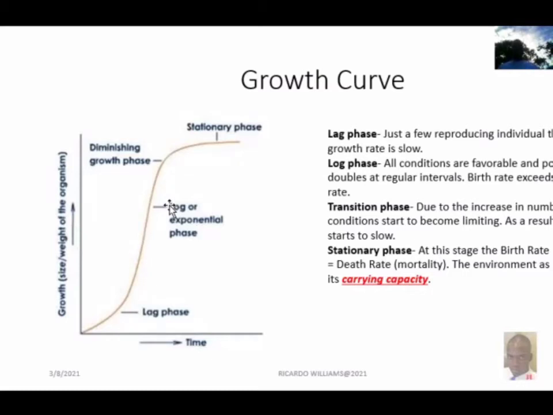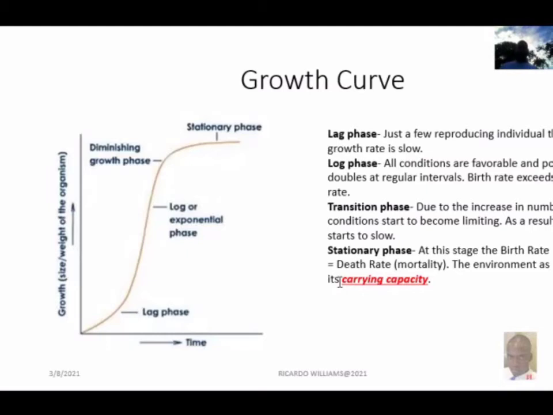And then the stationary phase is where it reaches a balance, where the number of individuals being added to the population is equal to the number of individuals being lost from the population. We call that the stationary phase. And when we get there, that is the balanced number, a number of equilibrium where the environment is able to sustain all of them with adequate space, adequate water, adequate food and so forth.